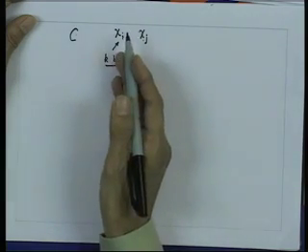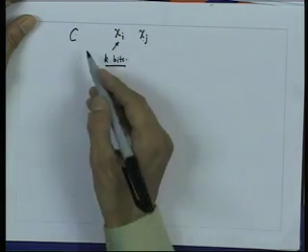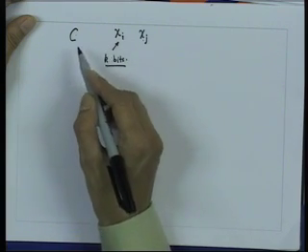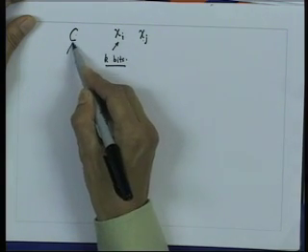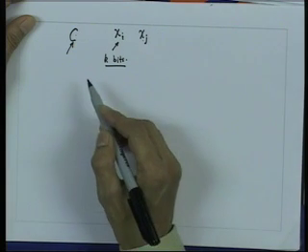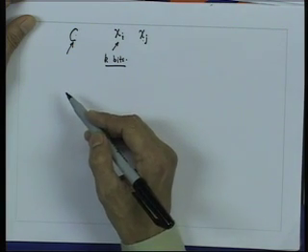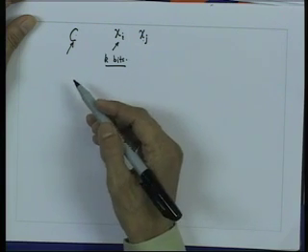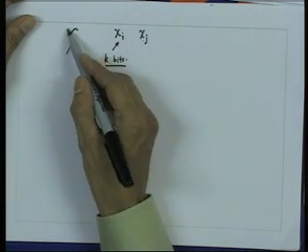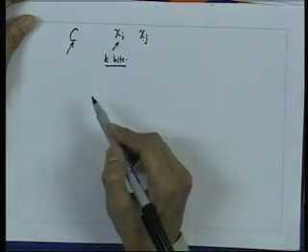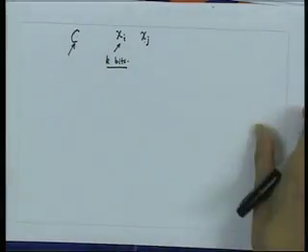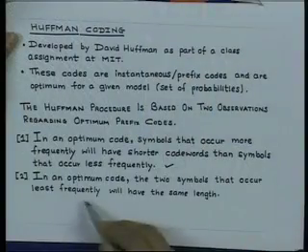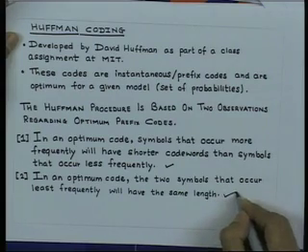So the average length of the new code which I get will be smaller than this. What it means is that the new code is now better, but this actually violates our original assumption that this code C was optimum. So, based on this argument, it is clear that in an optimum code the two symbols that occur least frequently will have the same length.